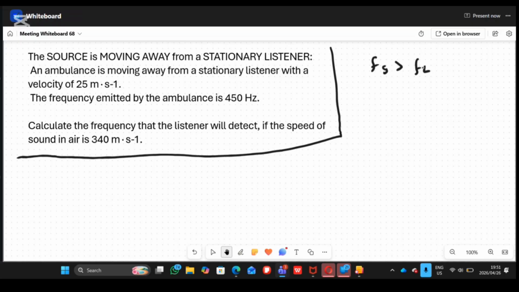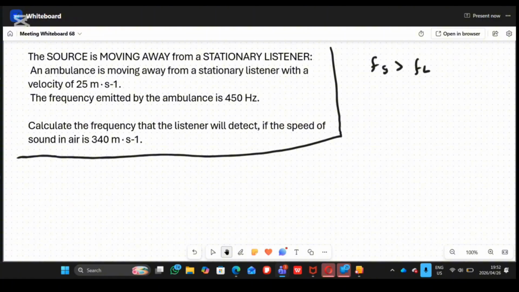Do you all agree? Yes. You have to agree because it is moving away. So the sound that you are hearing, the ambulance moving away from you, is going to decrease until it entirely disappears.